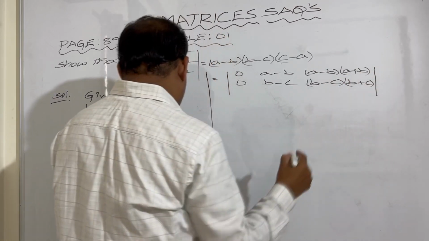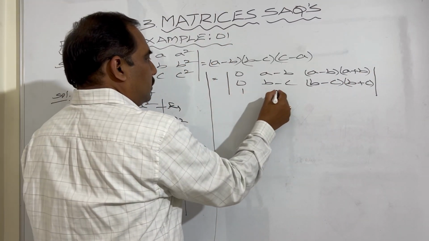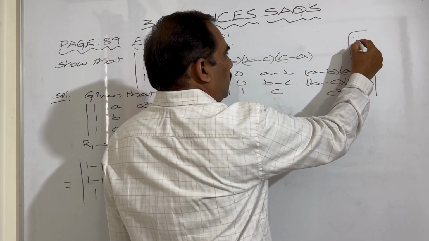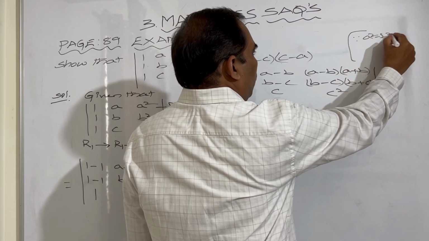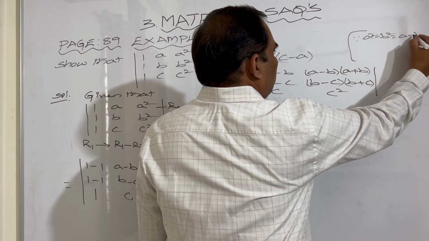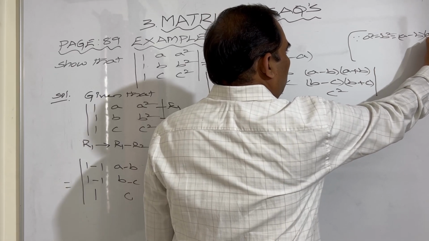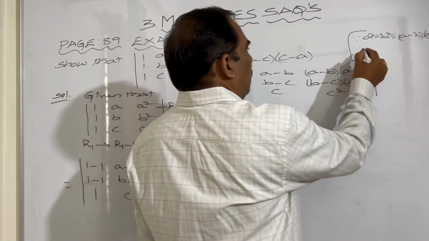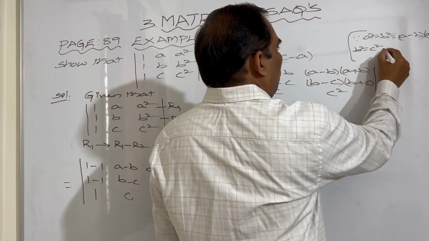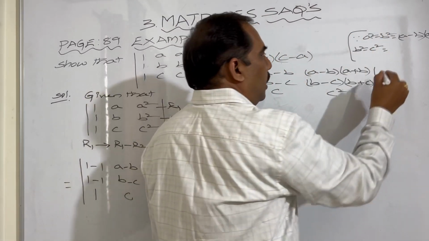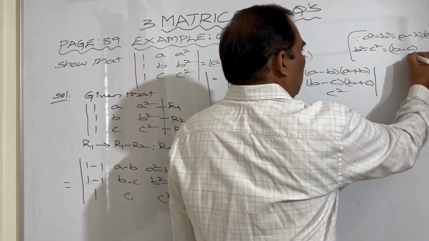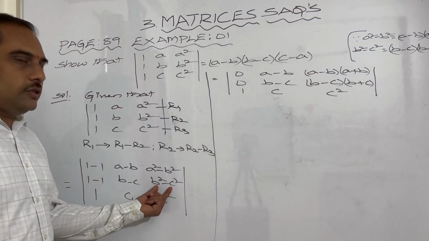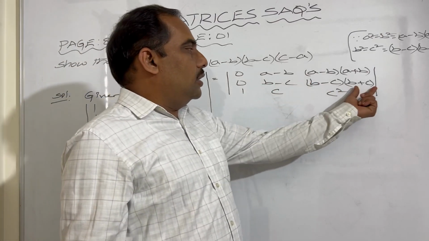We have the last row written as it is, 1, c, c square. So I applied the same formula for b square minus c square, which is b minus c into b plus c.